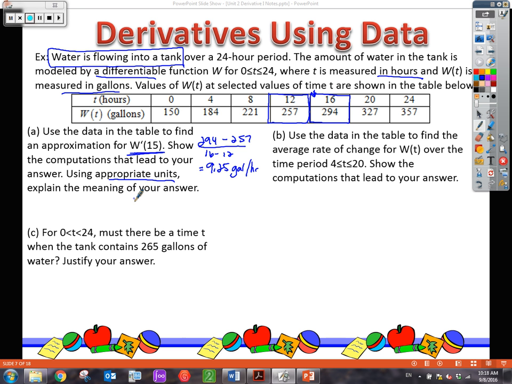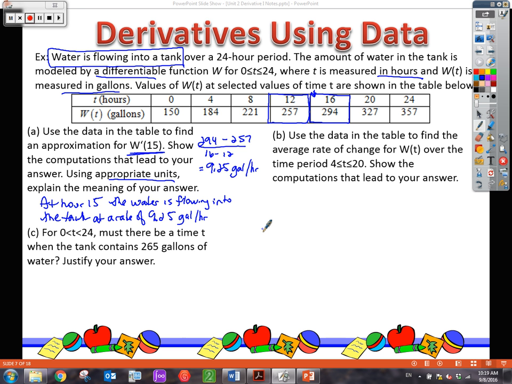So at hour 15, the water is flowing into the tank at a rate of 9.25 gallons per hour.